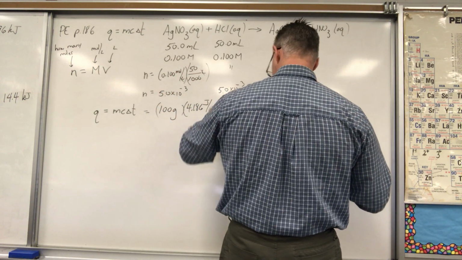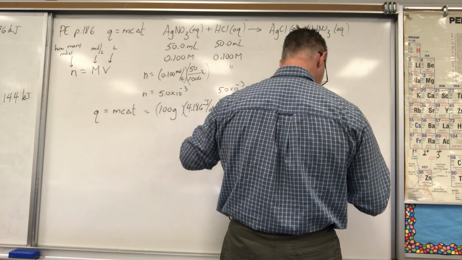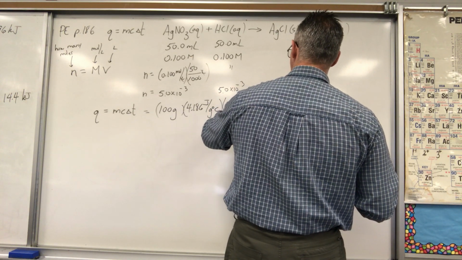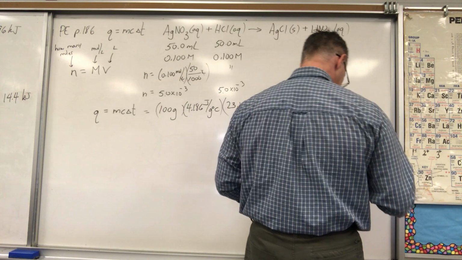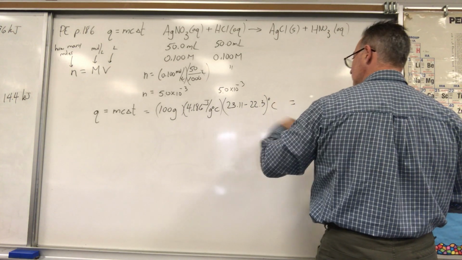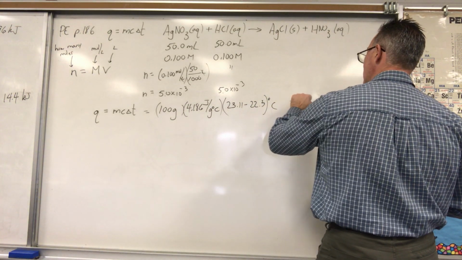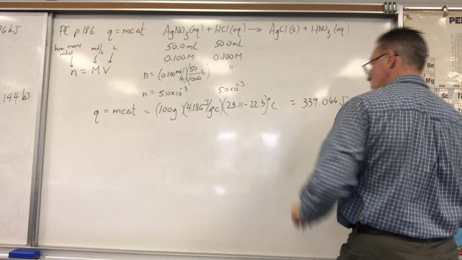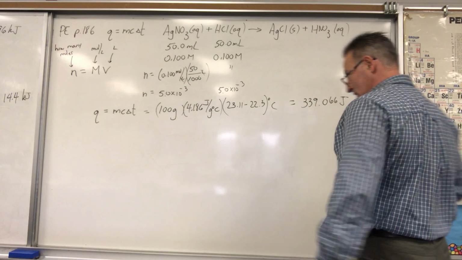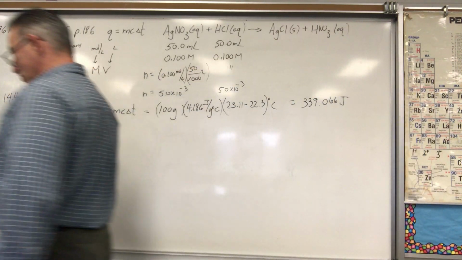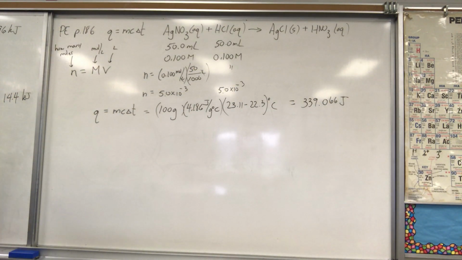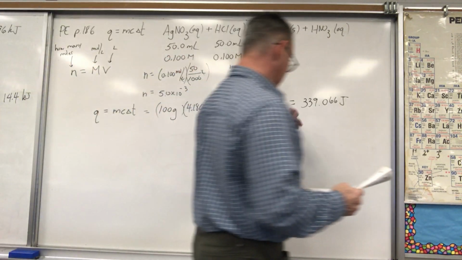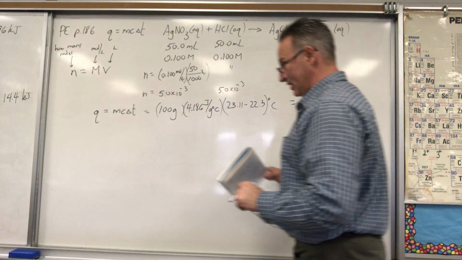So that's what we're going to go with. 22.3 degrees Celsius. So when you multiply all those quantities together, you get 339.066 joules of energy has been transferred from that reaction, or released from that reaction. And we can see it's going to be negative because it's going to be an exothermic reaction. It's going to generate heat.